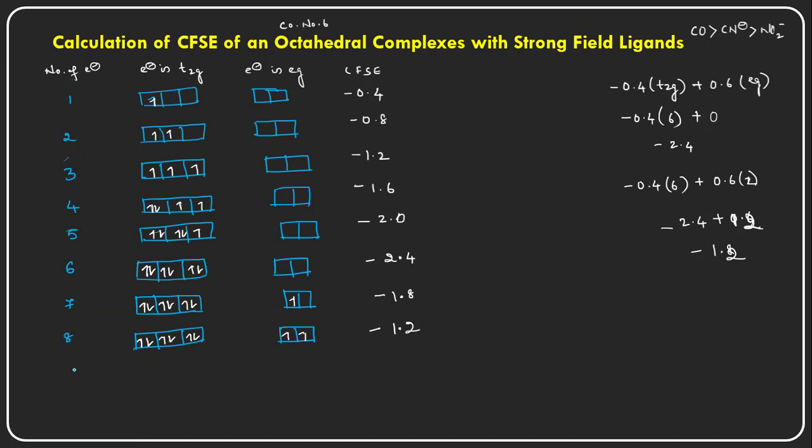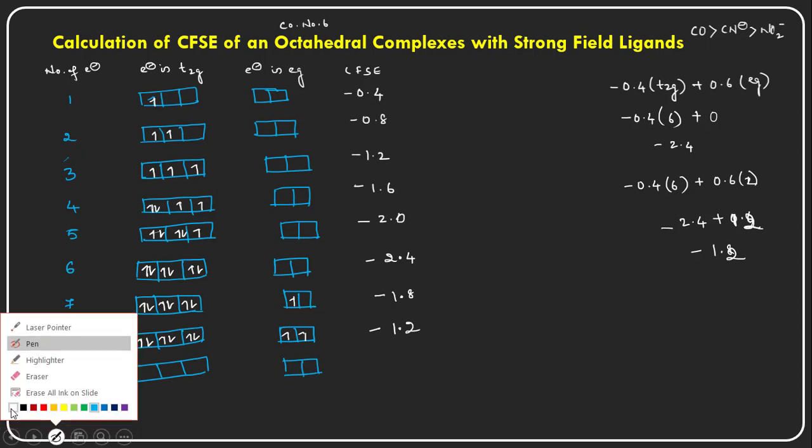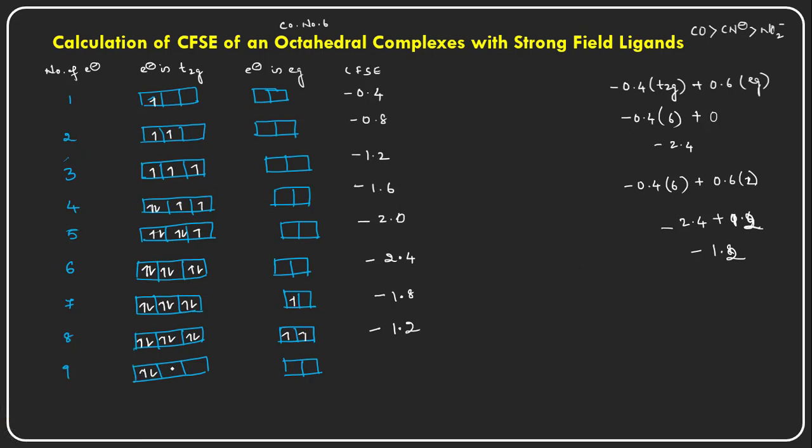And then the ninth electron, where will the ninth electron enter? So the ninth electron again enters the higher energy level, that is the Eg orbital only. So a total of 6 electrons are there in the T2g orbital, and one electron is present in the Eg orbital. So one more electron will be added here. So how many electrons are there now? A total of 9 electrons are there. Among them, this value will be the same, minus 2.4. Why?